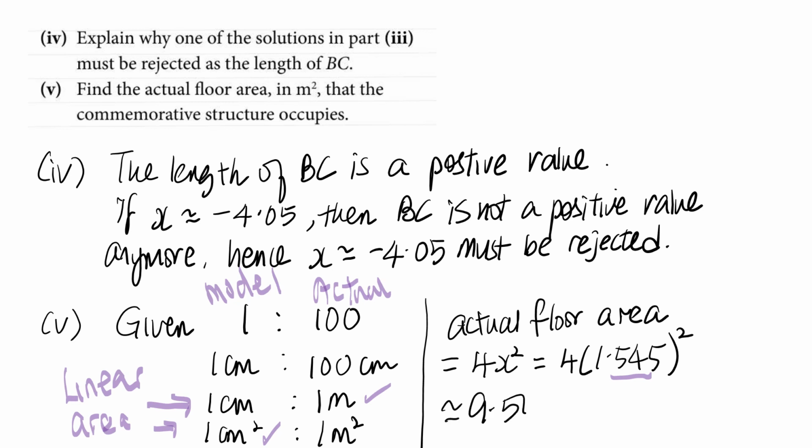Then use a calculator, you work out to be 9.5481 cm squared. If you go back to your ratio, 1 cm squared on the model is actually 1 meter squared actual. So you can convert it to the actual floor area, which will be 9.55 meter squared.